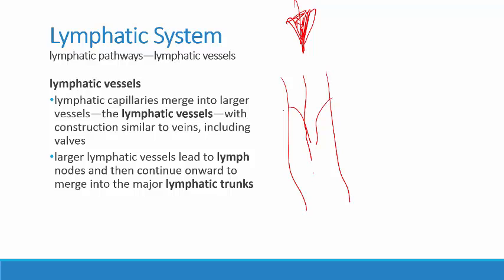It gets squeezed into this section of the lymphatic vessel, and then when back pressure occurs, that will snap the valves shut, and that way lymph only moves one way through lymphatic vessels.